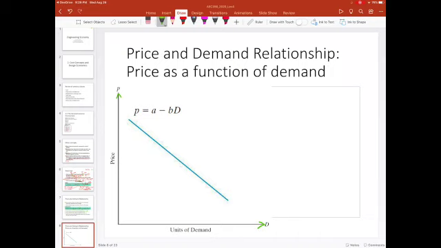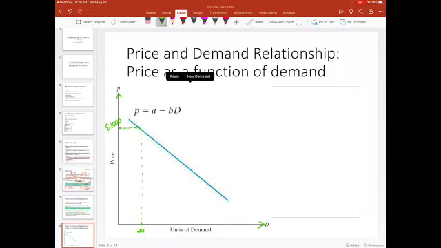So we just use our common sense. If the price is higher, like at this point, maybe the price is 1,000, then you get this demand, the number of breads or products you sell, maybe that number is 20, okay? 20 units of product.